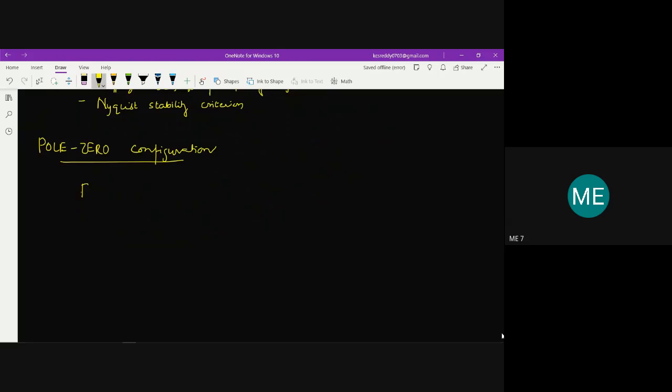Say, for example, I have a function F of s, with a polynomial equation in the numerator and a polynomial equation in the denominator. If I equate q of s to 0, then the roots of q of s equal to 0 become the poles of this F of s. And if the numerator p of s is equal to 0, the roots of that equation are called zeros of the F of s function.